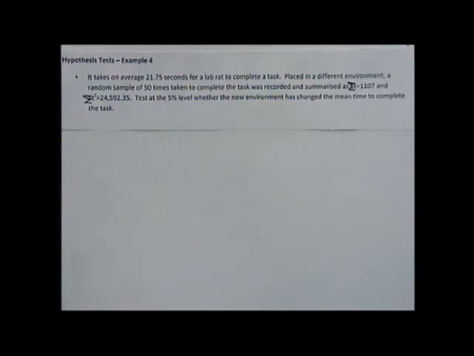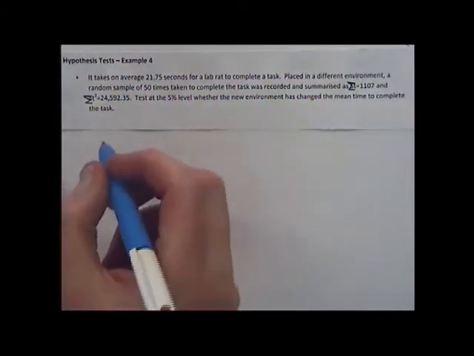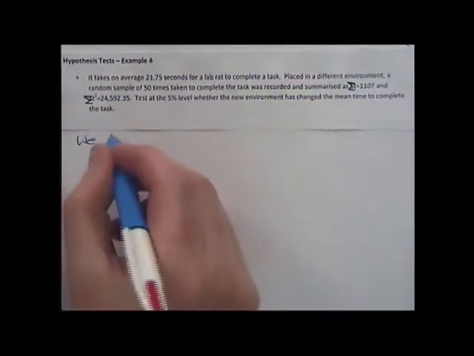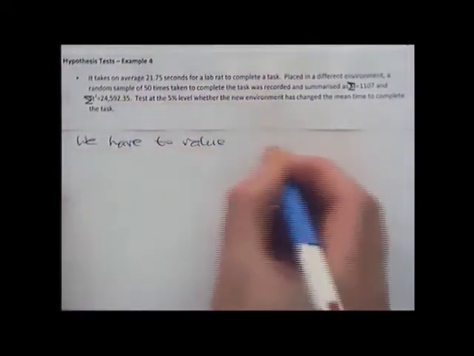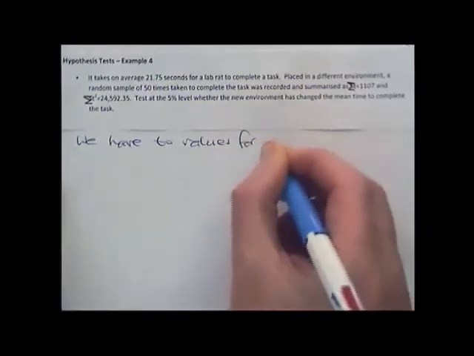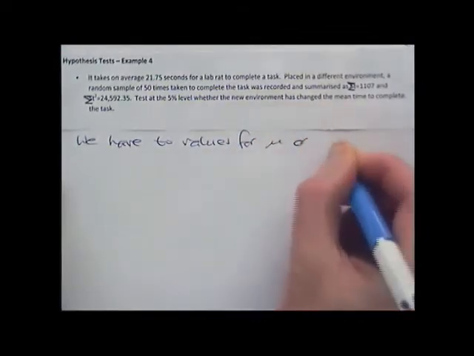Right, first observation in this question compared with the other three we've looked at. We're given data to figure out what the distribution is. We don't have any population information here. So here we have no values for mu or sigma squared.